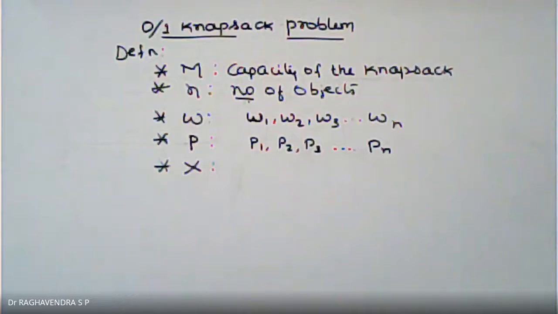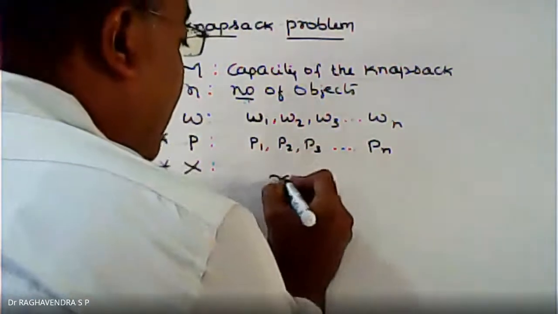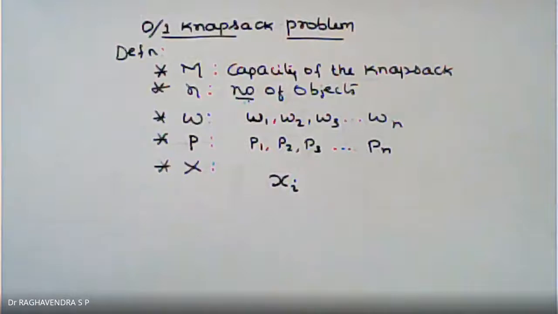A 0 in Xi represents that the ith object is not inserted in the bag.